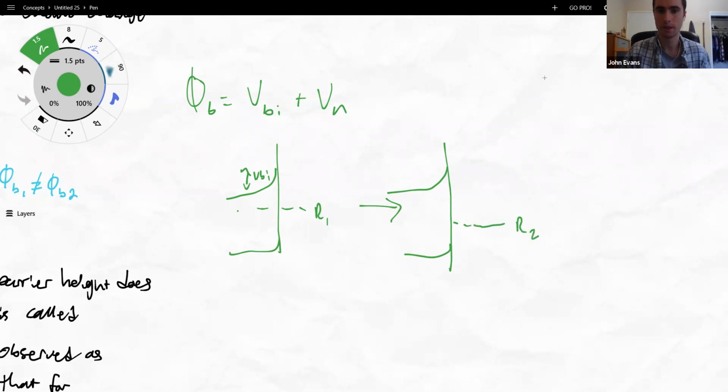So R2 down here. But we measure the same VBI. So it looks like this system hasn't equilibrated, right? Because we're having the same voltage even though we have two different redox couples, which makes it seem like this Fermi level here, the one that's in the semiconductor, is pinned right there.